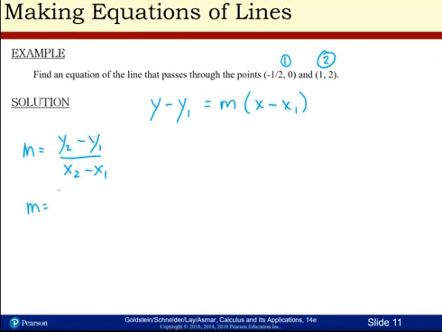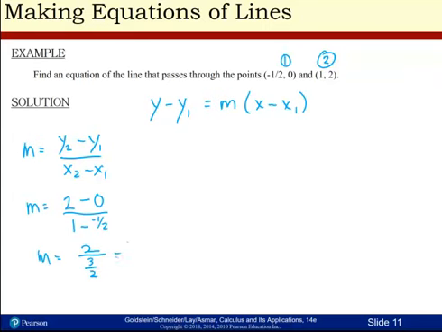So that gives me y2, that's 2, minus the y value from point 1, that's 0, over x2, that's 1, minus -1/2. Doing our computation here, I get m equals 2 over 1 minus -1/2, which happens to be plus, so 1 plus 1/2 is 3/2.